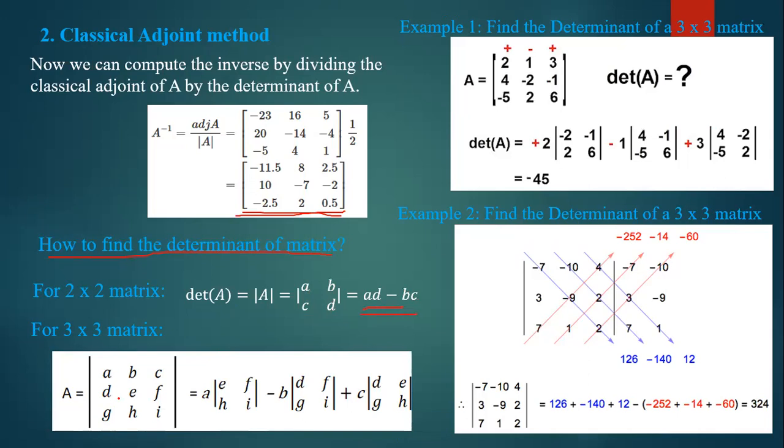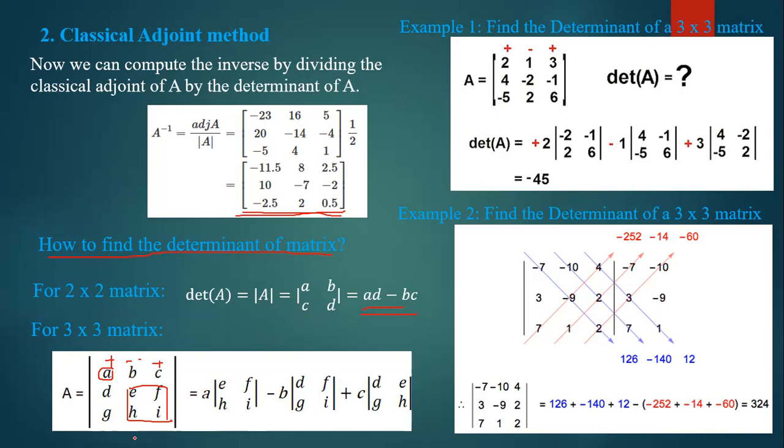How can we find the determinant of a 3 by 3 matrix? A times the entries E, F, H, I, minus B times, with the sign pattern plus, minus, plus.